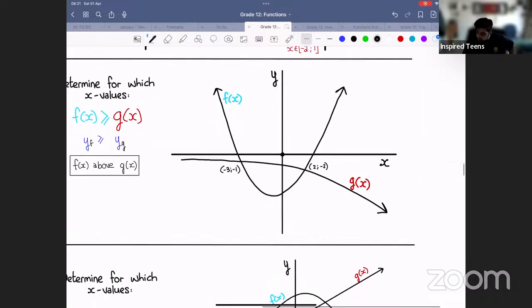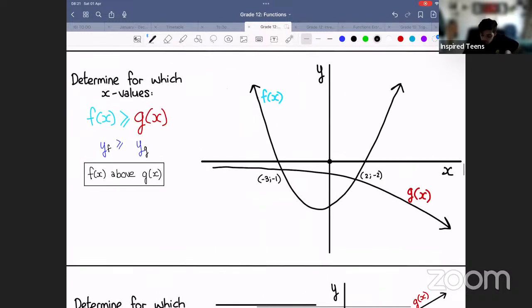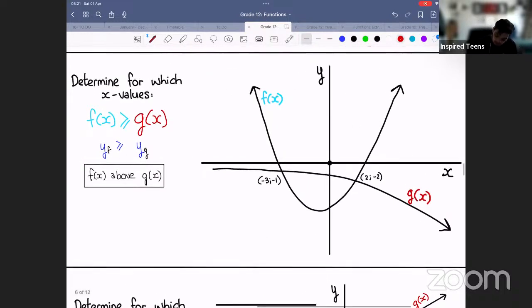The way we actually compare it, what we need to look out for, is that this changes at the intersection points.